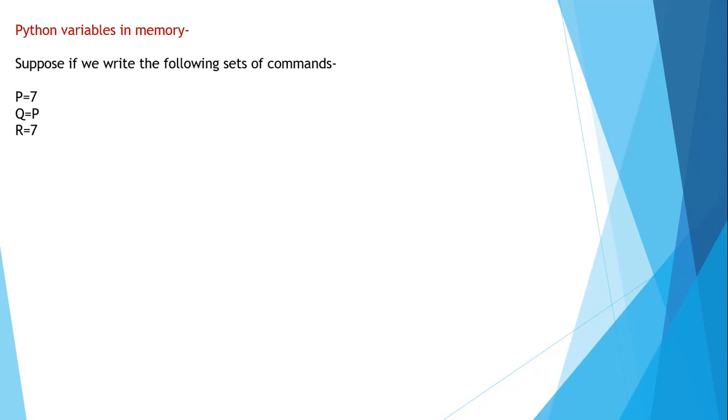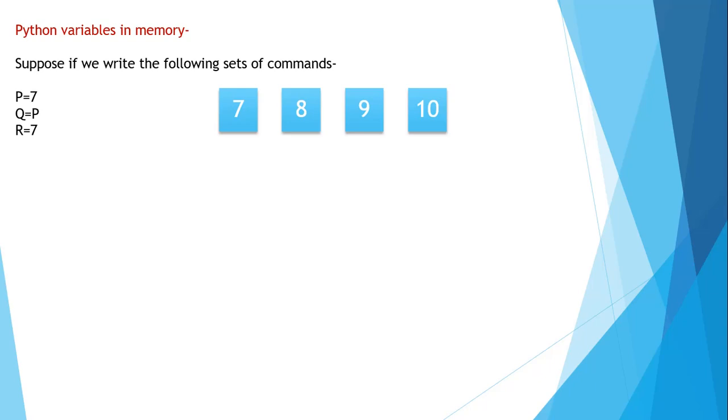Now when we run that code, the Python interpreter finds that different numbers are already there in memory. In Python, every number and every alphabet already has a particular memory address. So 7, 8, 9, and 10, and many more numbers, are there.